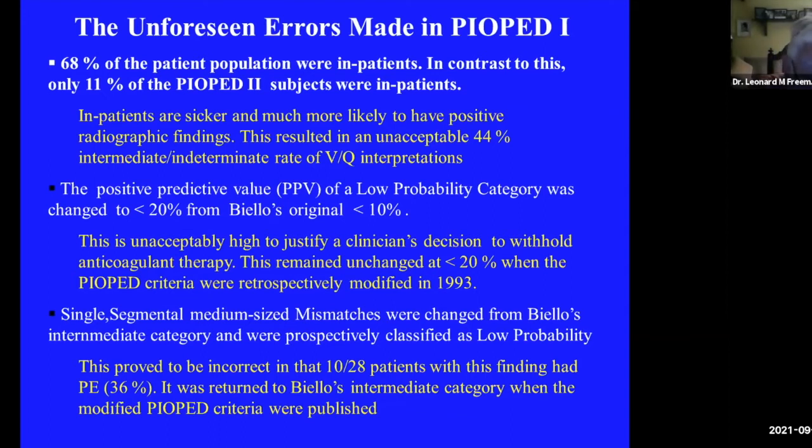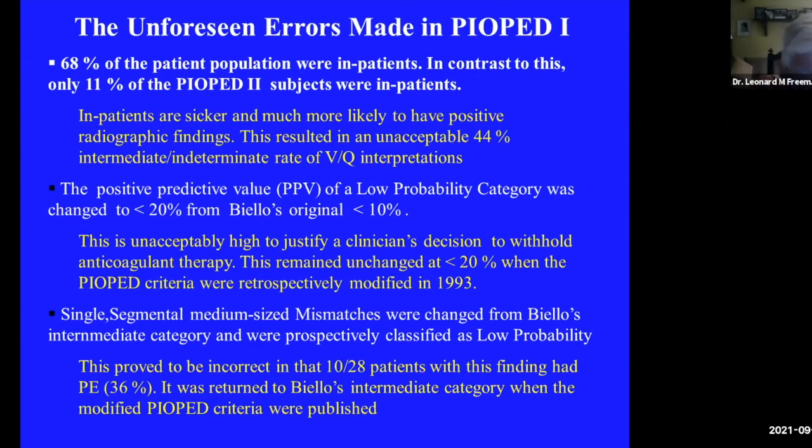But once you start changing from 10% to 20%, then you're just not sure. It's unacceptably high to justify a clinician's decision to withhold anticoagulation therapy. So even when there was a revised PIOPED study in 1993, this definition of a low probability scan as less than 20% remained. So this was a bugaboo for many, many years.